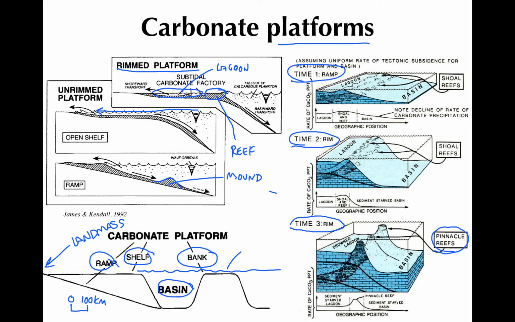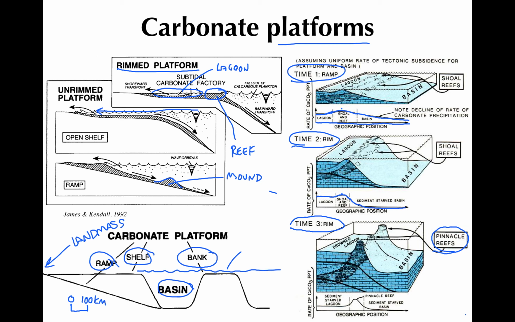So what's happening in this progression of three diagrams is that we have, from left to right, differing amounts of carbonate precipitation. So there's a high precipitation taking place in this area, lower off towards the basin, lower off towards land. If carbonate precipitation continues to be high towards land and in this reef area, then we will build up a shelf.